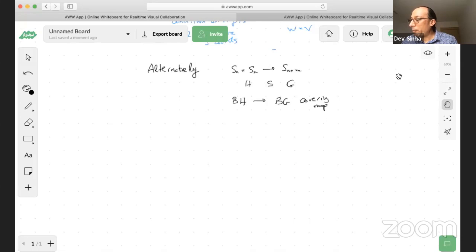Because what you can do is really think of BH as, these are finite, so we can think of BH as EG, which H will act on freely, mod H, and BG is EG mod G, and so this is a further quotient. And so this is a covering map.